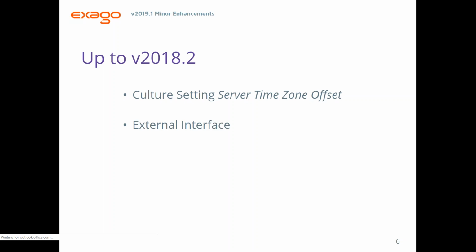If you wanted more nuanced control when configuring Exago, we had some extensibility features in our external interface, and we've covered the external interface in past support labs. So you could set it to say, Exago, when you need to calculate the time zone offset here, reach out to this custom code I have, and it'll tell you for that given user how much to adjust the time.